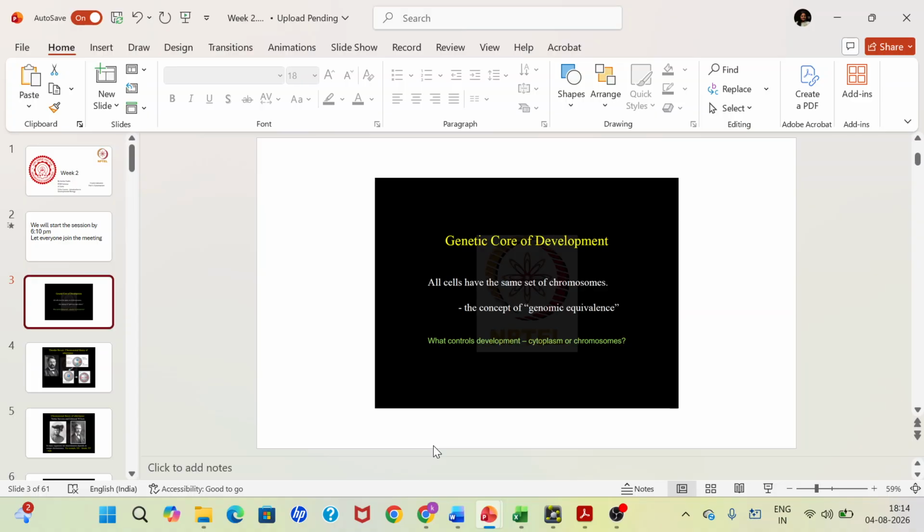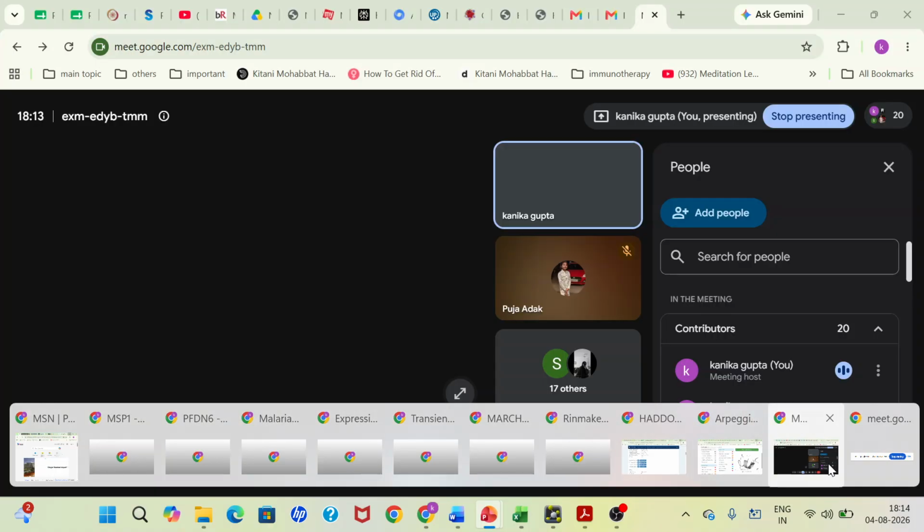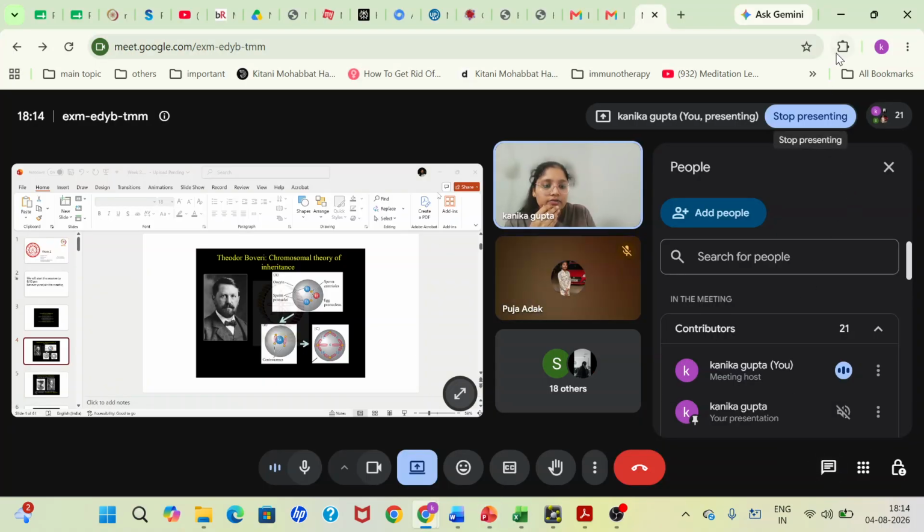This is called the concept of genomic equivalence. But what controls the development, the cytoplasm or the chromosomes? That is what we are going to see. Obviously the genes actually control these things, which gene will show what kind of expression and everything. So we'll see that obviously.